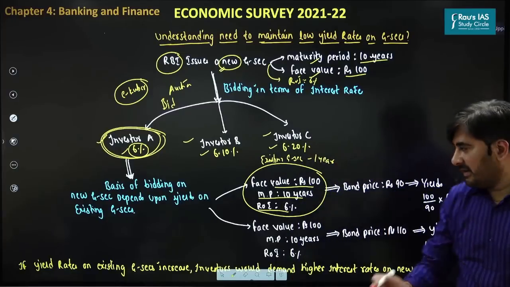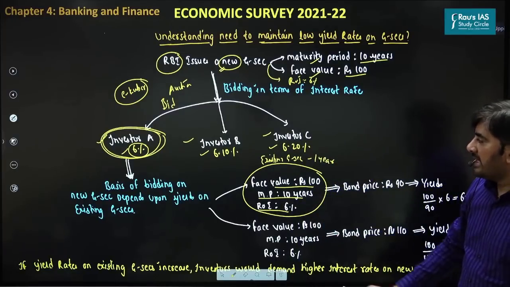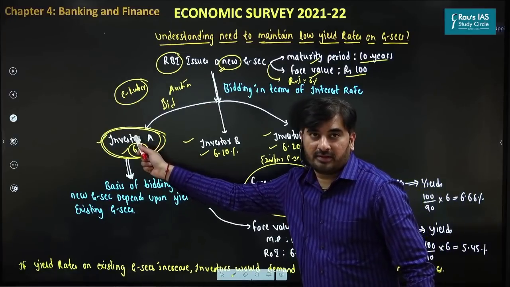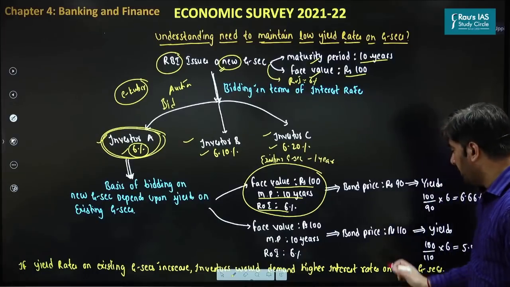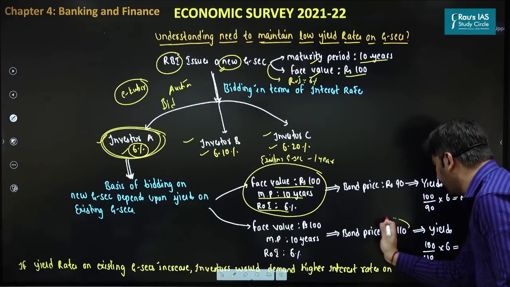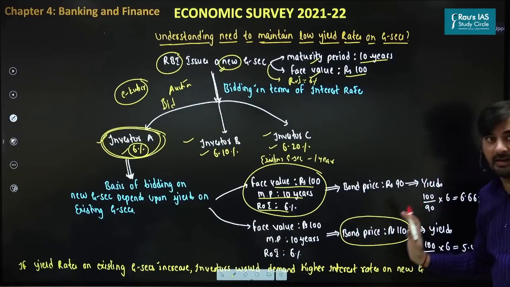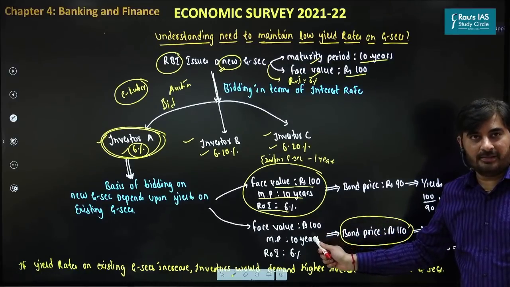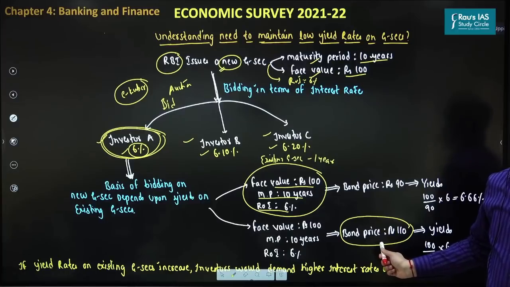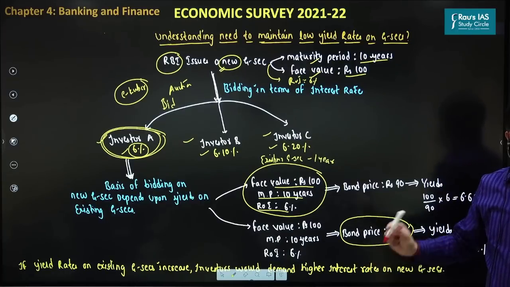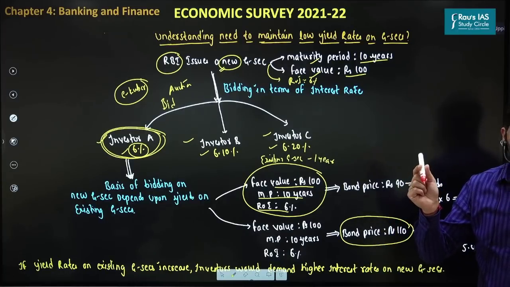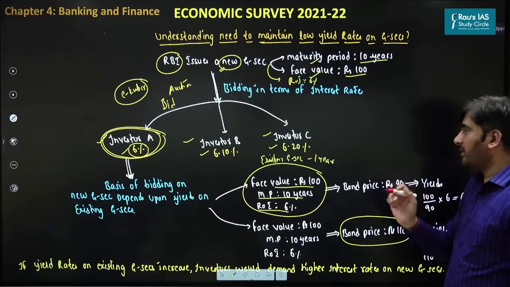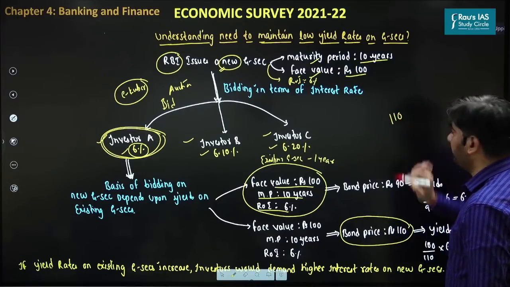Now, let's say this government security has been bought by investor A at, say, ₹110. What is its face value? Face value is 100. But what price has he bought at? 110. So let's apply your CSAT skills here. How much money have you invested? You have invested 110.